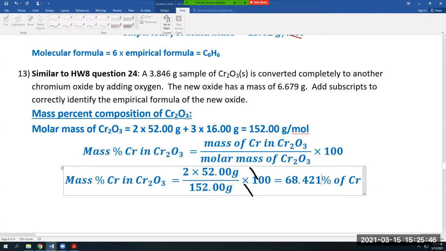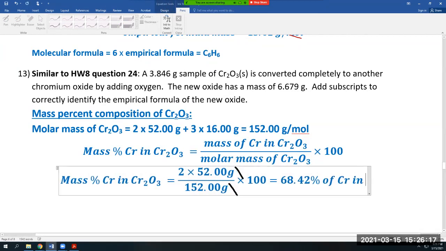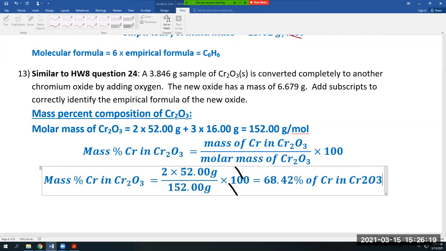But if you look at what we have been given, we have 4 sig figs in the molar mass of chromium, and then 5 in the molar mass of the chromium oxide Cr2O3. So 4 sig figs is what we need to keep. So we can drop the 1 after the 2 here, and it's 68.42 percent by mass of chromium in Cr2O3.